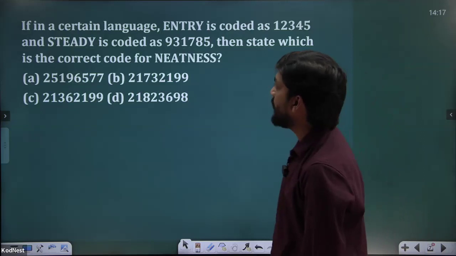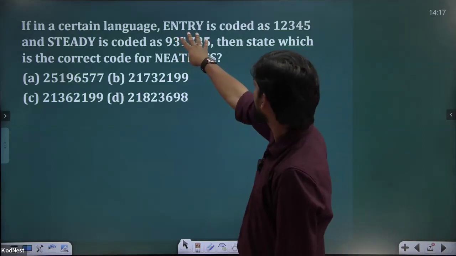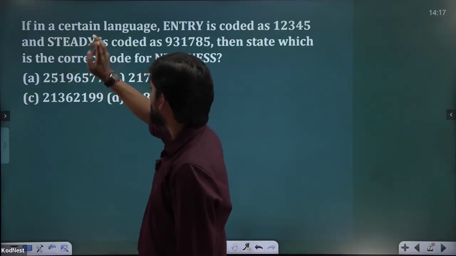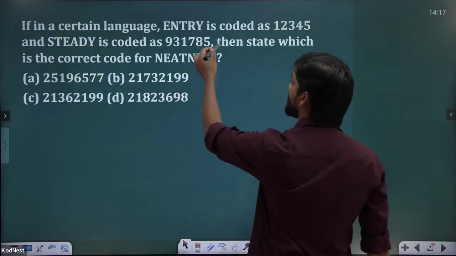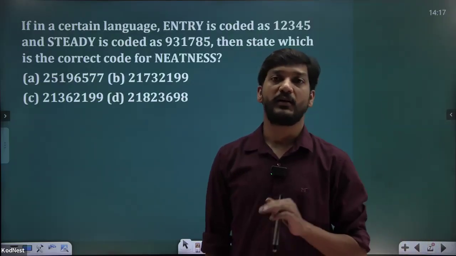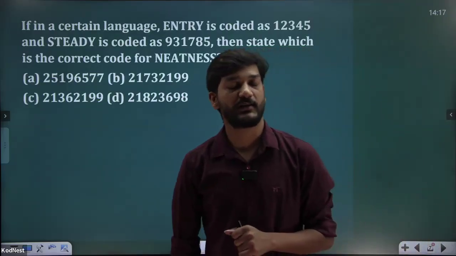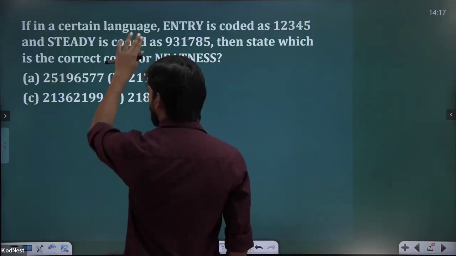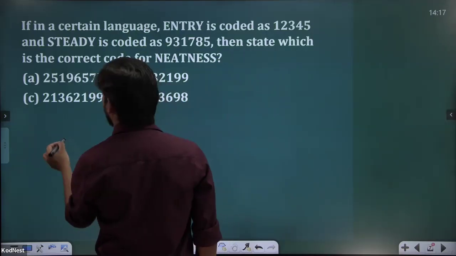So, my dear, if you carefully observe, 6 letters are there, and we have 6 digits. So, whenever coding is done this way, whenever number of letters and number of digits are same, in that case, each letter and its code is given by the question only.